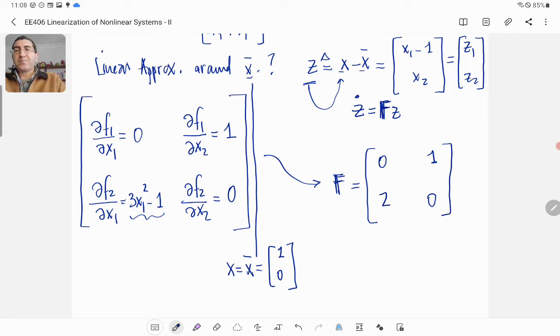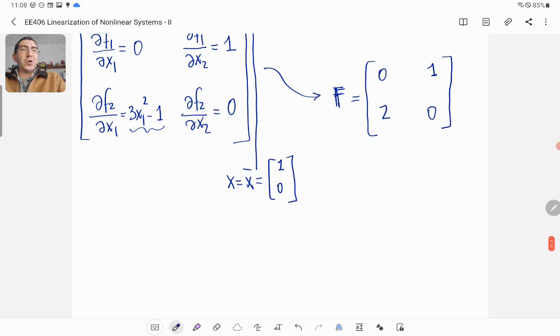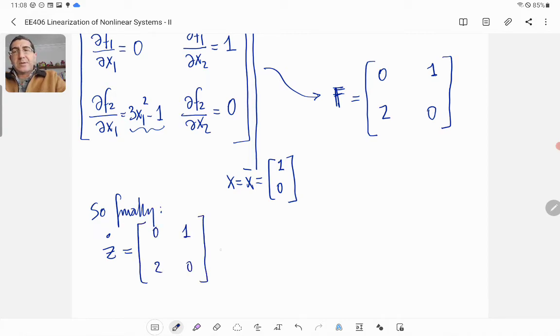So, finally, we basically get z dot is equal to simply 0, 1, 2, 0 times z.